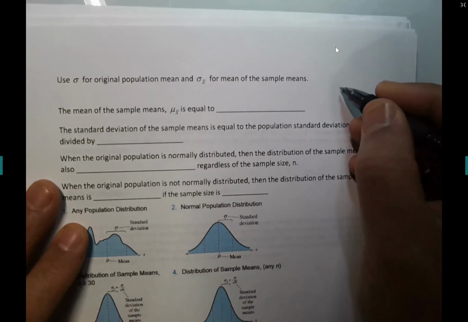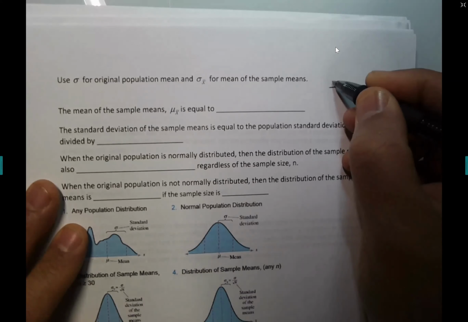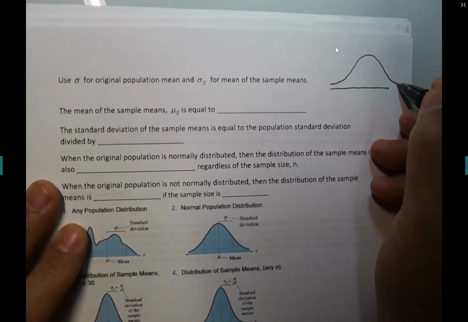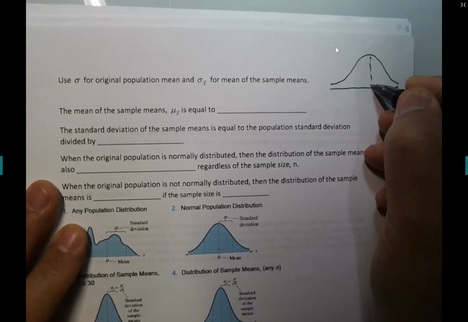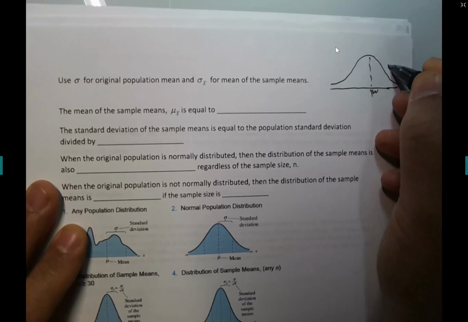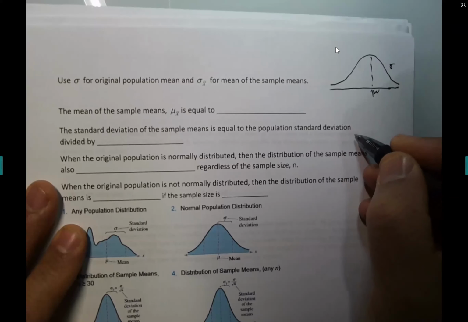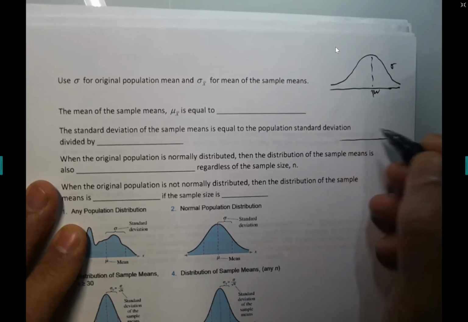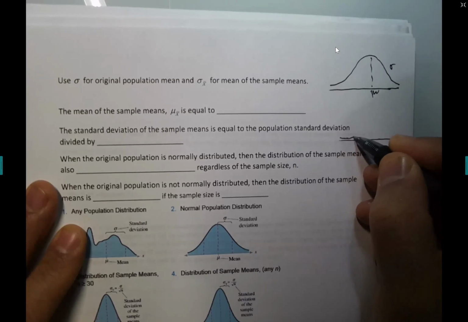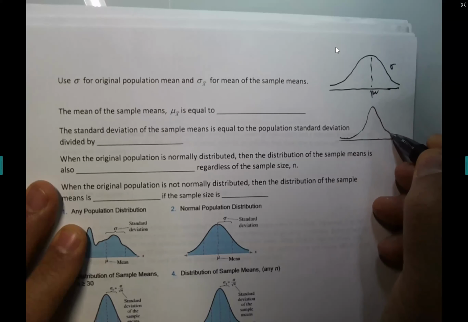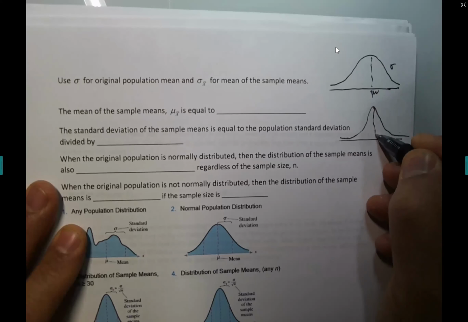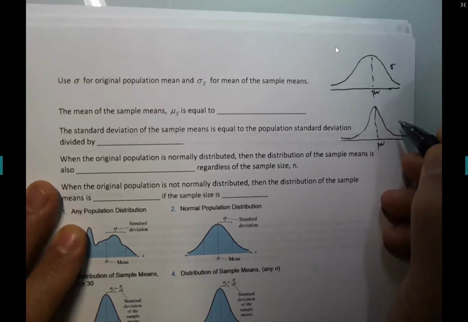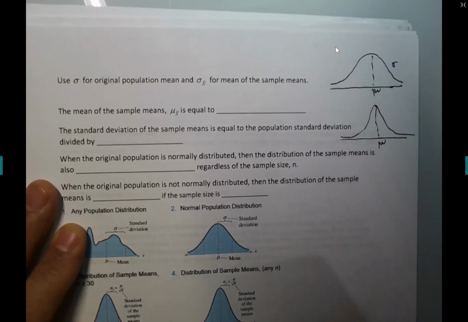That was the original population. It has a mean mu and a standard deviation sigma, and that's the curve of the sample means. You notice it was a little bit narrower curve with the same mean but a different standard deviation.